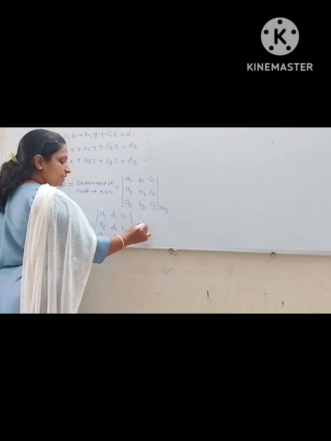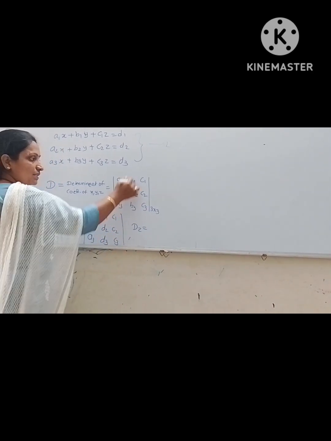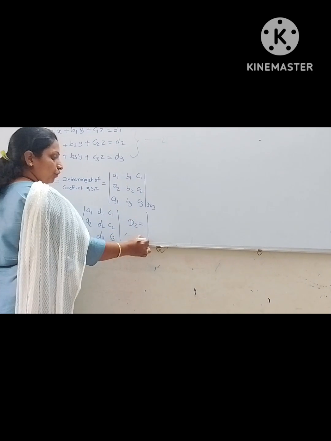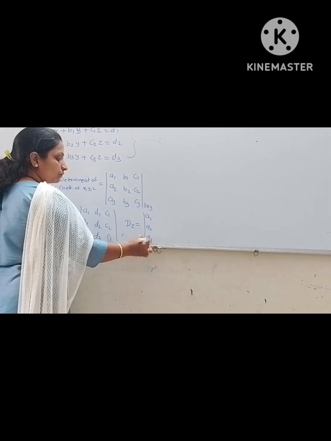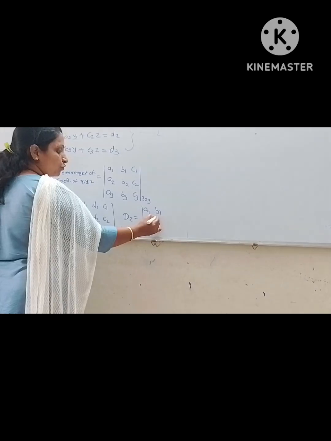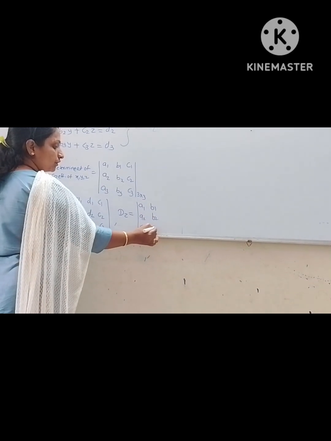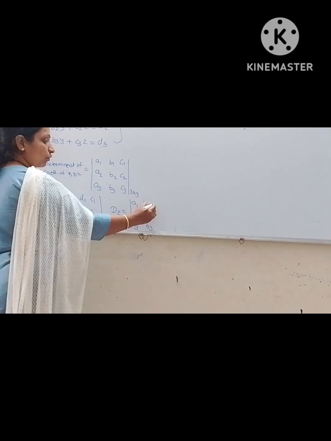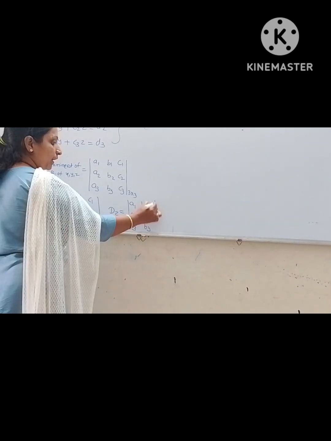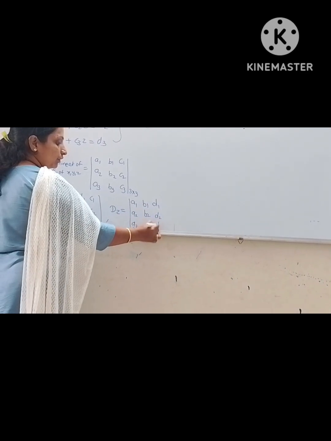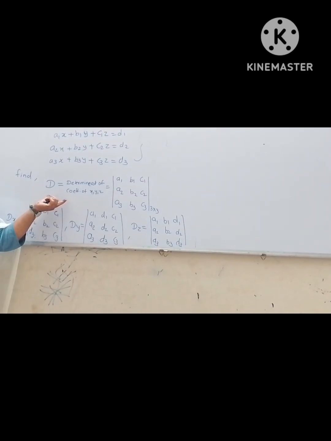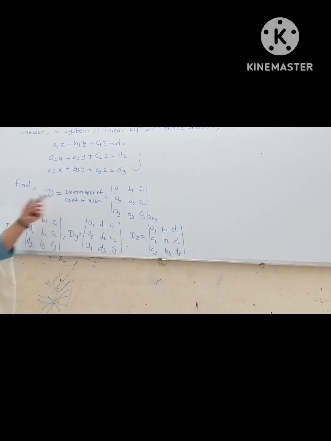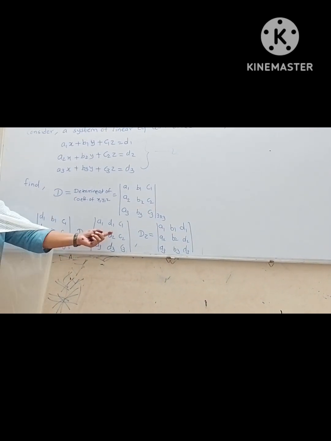Similarly, find Dz by replacing the third column by the constants: the first and second columns do not change, and c1, c2, c3 become d1, d2, d3. So we first find determinant D of the coefficients of x, y, z, and then Dx, Dy, Dz.